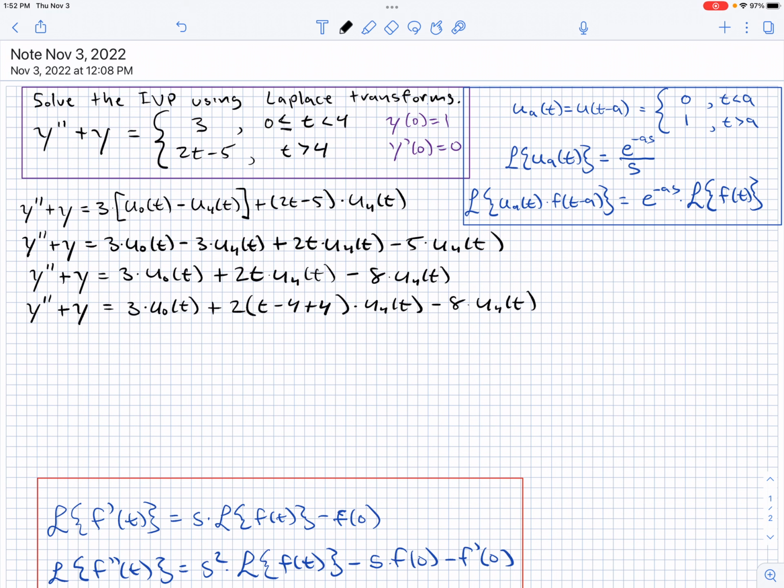And by doing that, by the way, now I create, if I just look at this part, t minus 4 times u sub 4 of t, with the step function where 4 is a, that will fit this form right here. So we will be able to find the Laplace of that. I just need to manipulate it some more, or simplify some more.